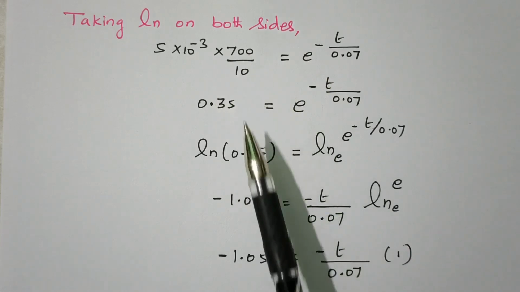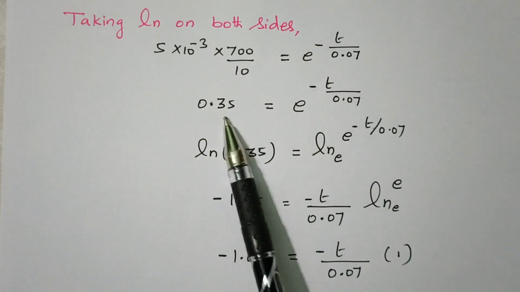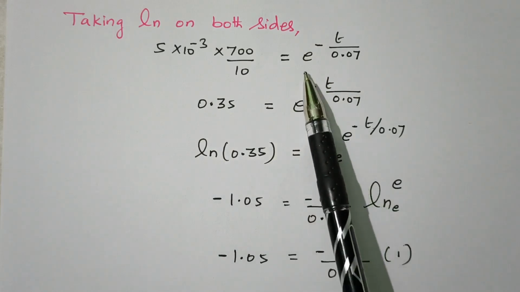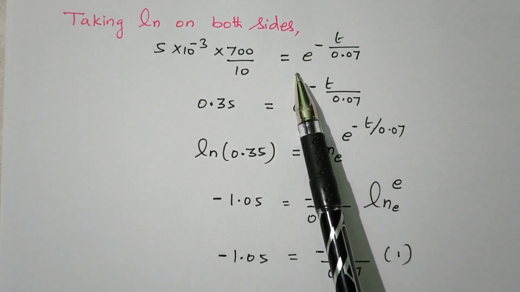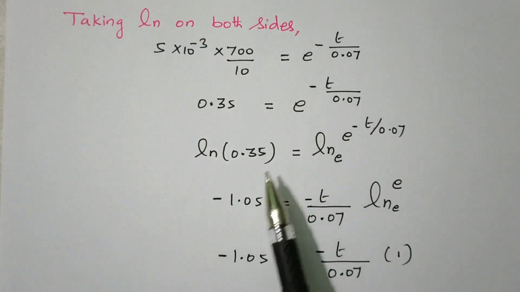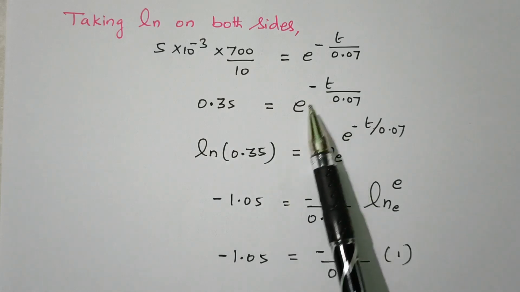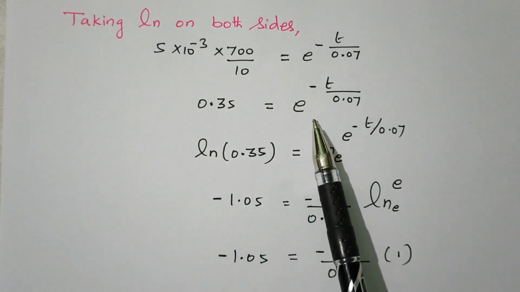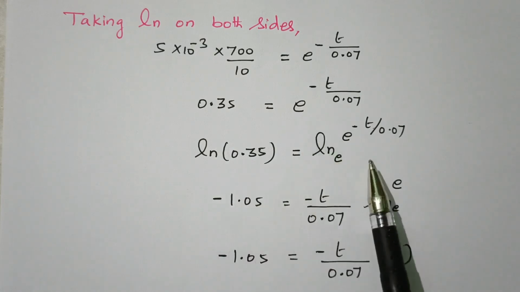So 700 divided by 10, it is 0.357 equal to e power minus t by 0.07. Now we can take the log on both sides because t is available with e power. You cannot simplify this without taking the log. So log is taken on both sides.